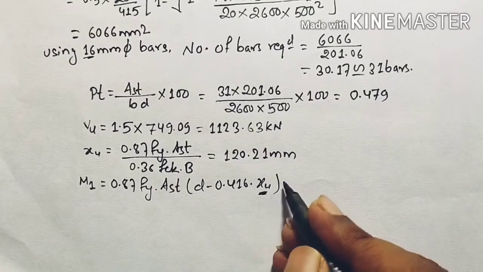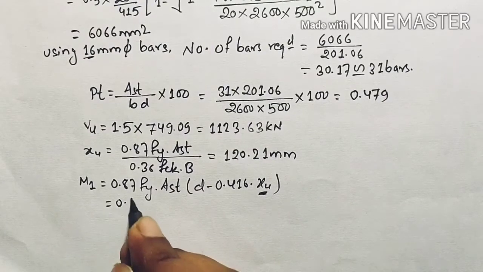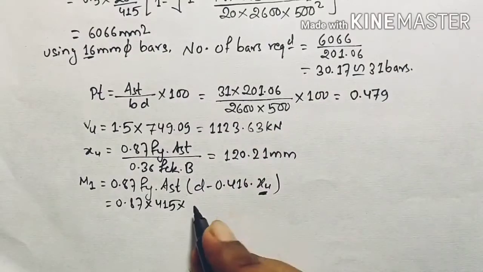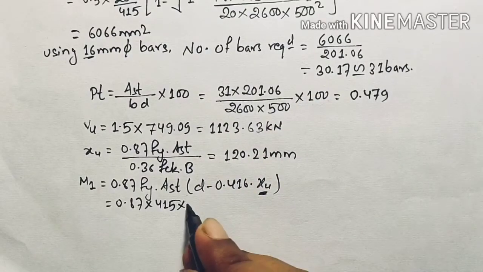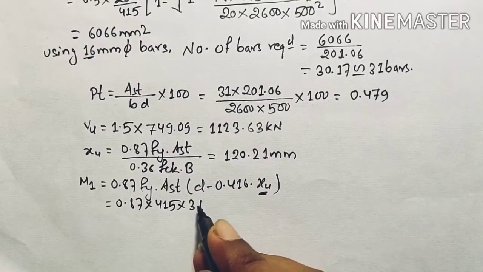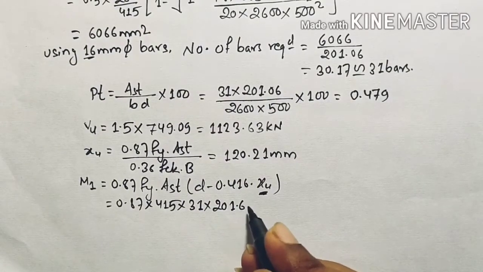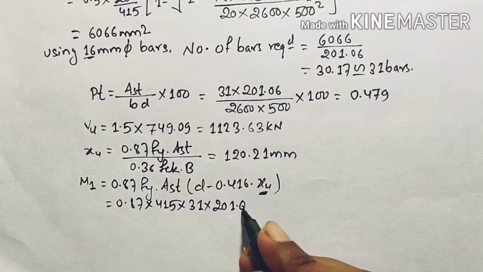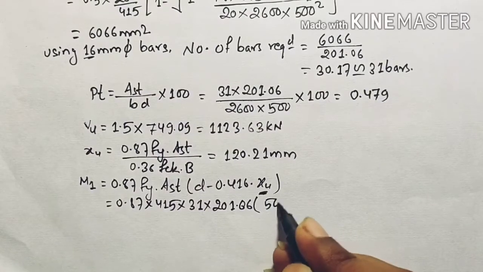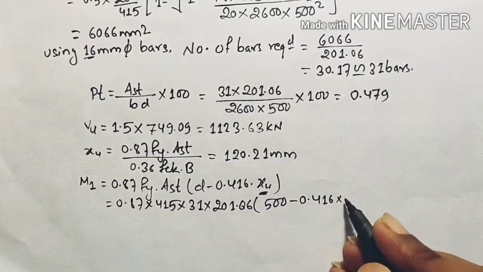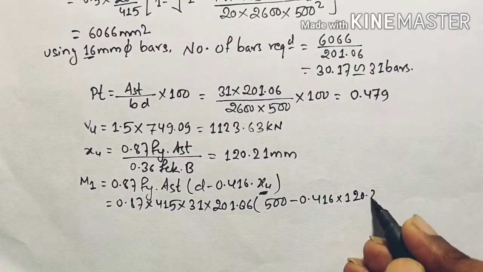Put the value 0.87 into 415 into total AST provided, which is 31 bars of 16 millimeter dia, 0.06 times D means 500 minus 0.416 into, and the value of XU is 120.21.